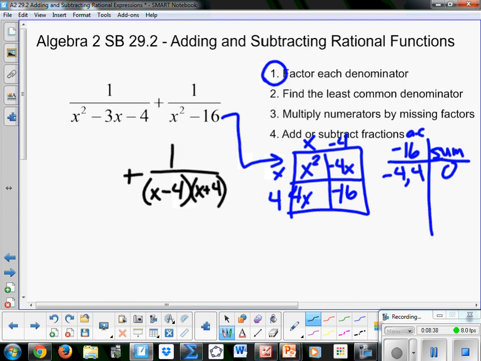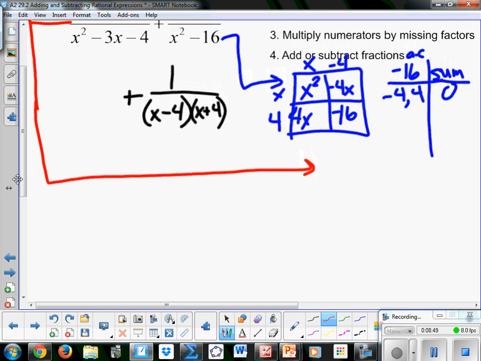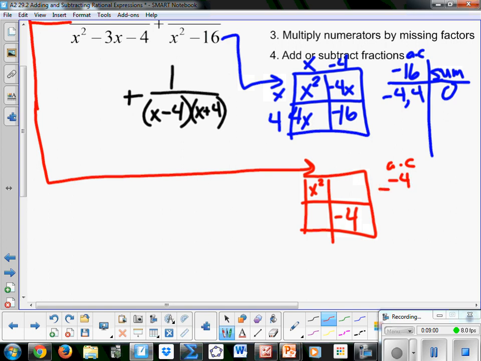Okay, so that means my factors end up being over here, 1 over x minus 4 and x plus 4. Okay, now I'm going to take this lovely fraction, bring it over here, and I'm going to say we've got my x squared is in the box, x squared, negative 4 is also in the box, so my a times c is negative 4, and I want that to add up to negative 3. Okay, well, what factors of negative 4 add up to negative 3?